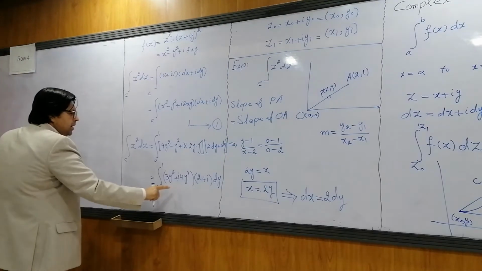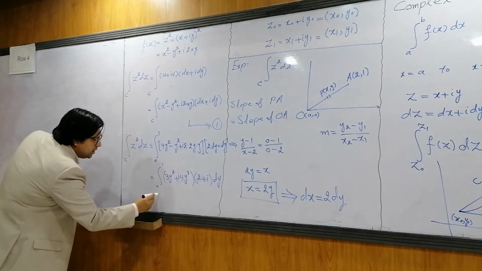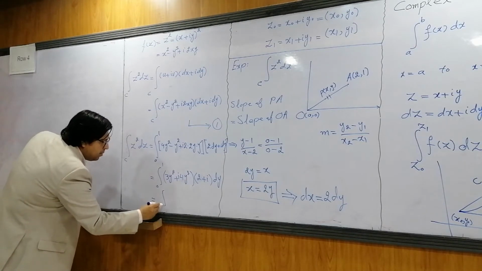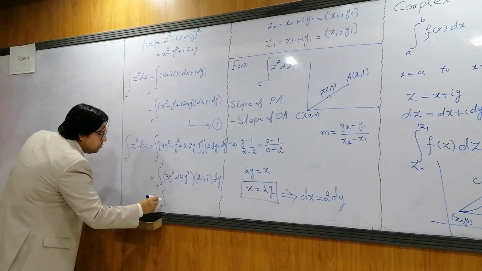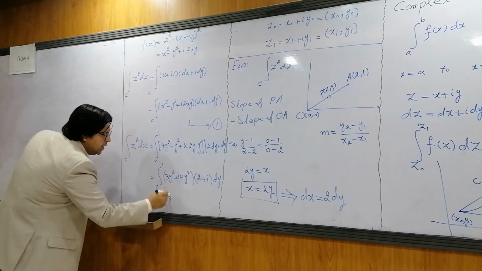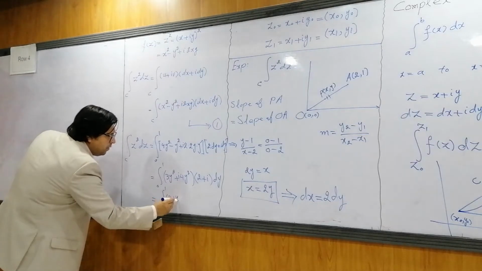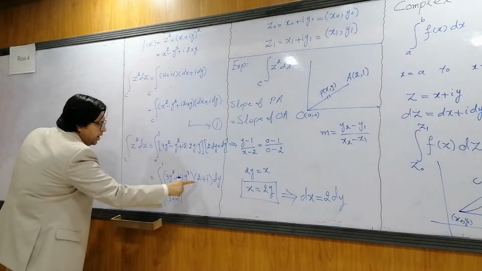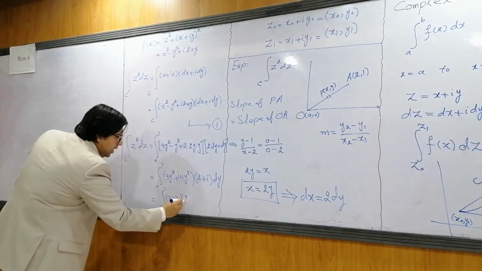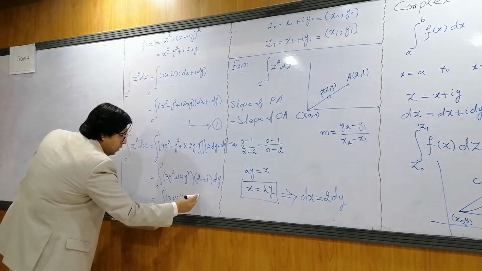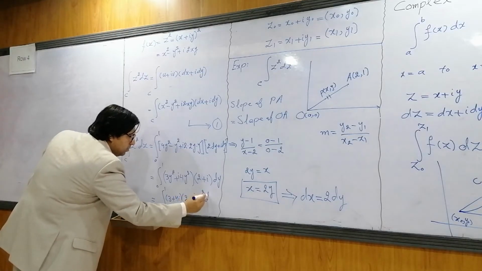From here we can take y square as common, so from 0 to 1, this is 3 plus 4 iota into y square, into 2 plus iota, into dy.